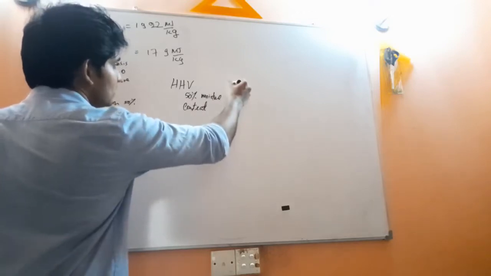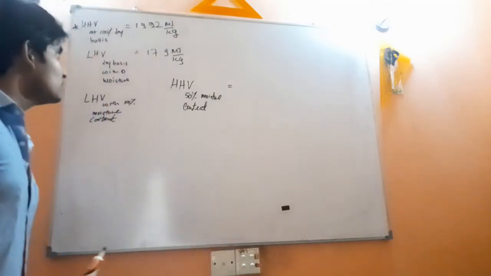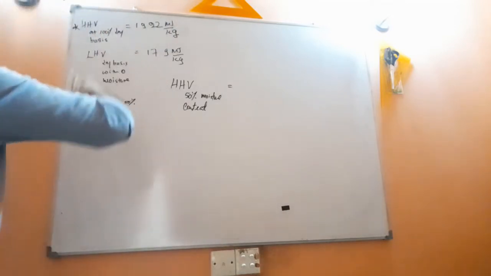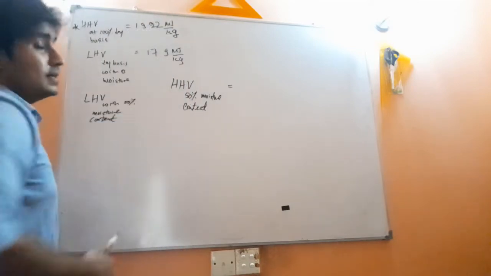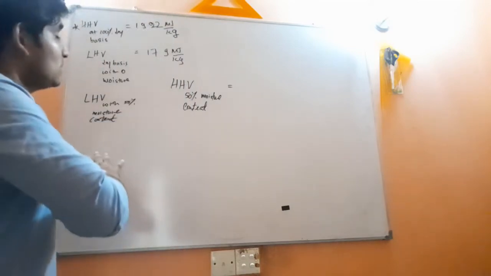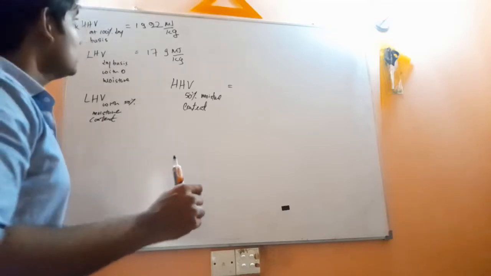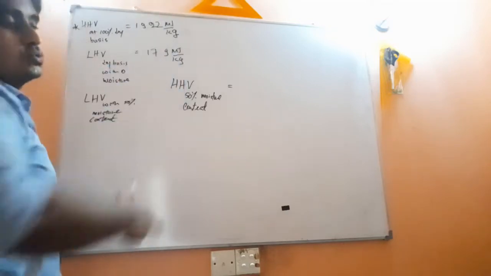That is very easy, because now you know the higher heating value based on 100% dry basis, without any water, is 19.22.